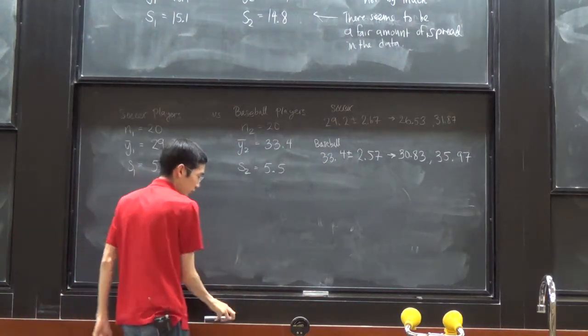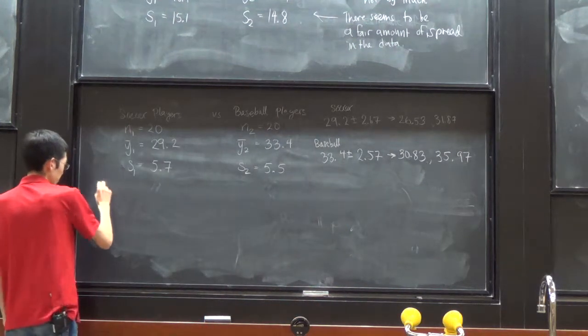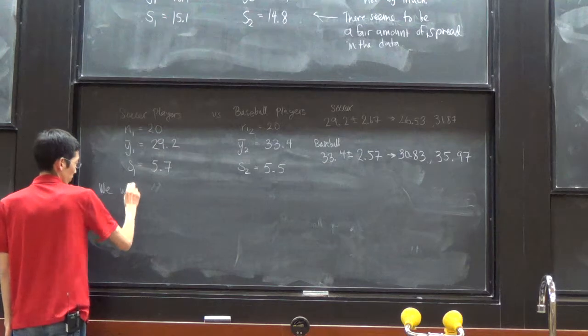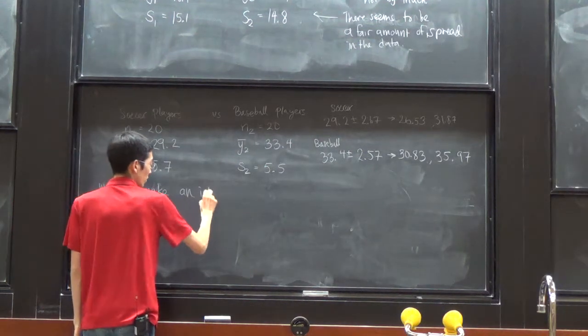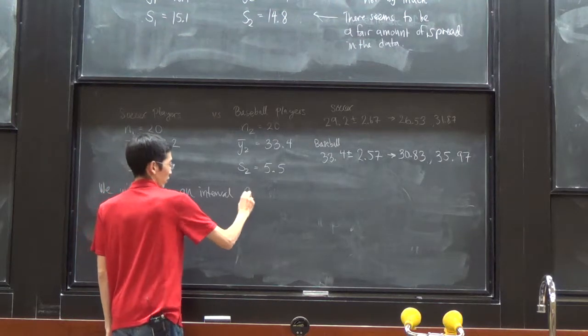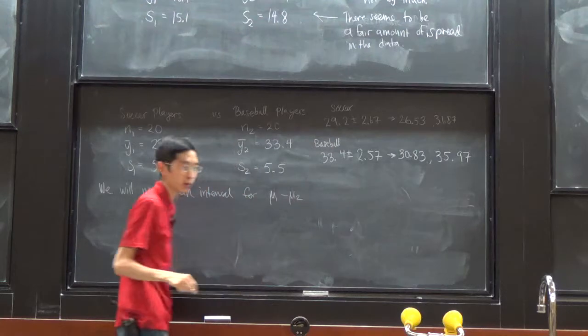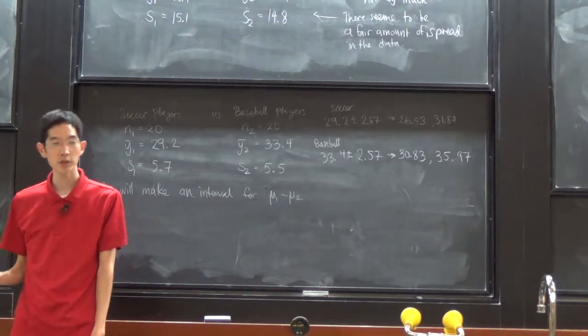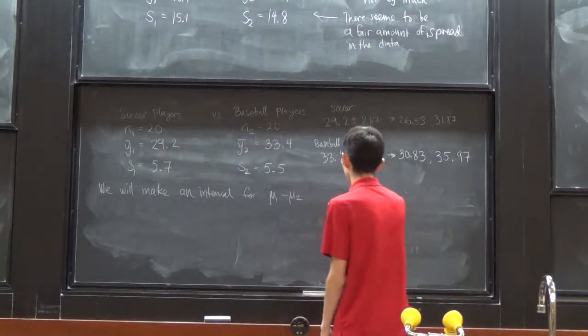In this step, we're going to make an interval for mu1 minus mu2. So this is the interval for the difference between means.